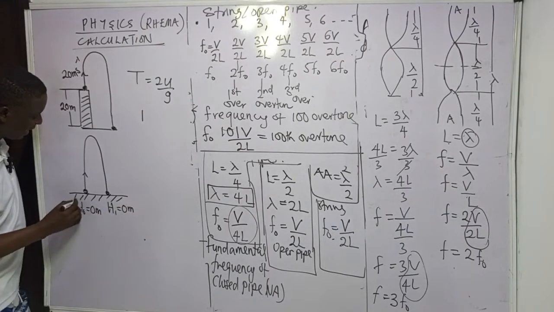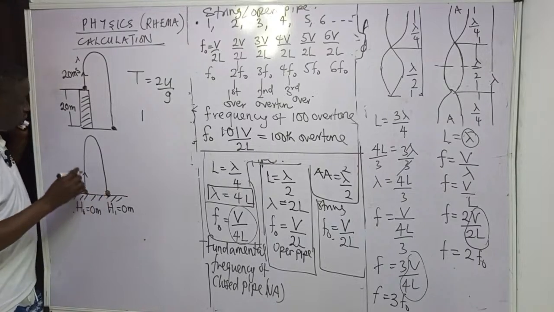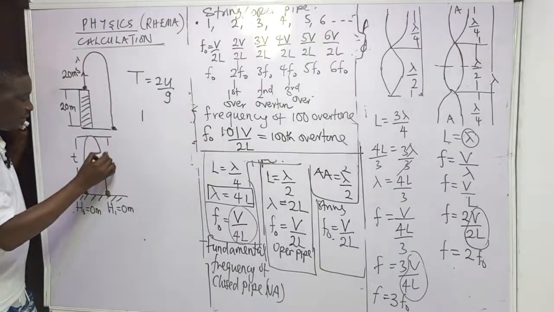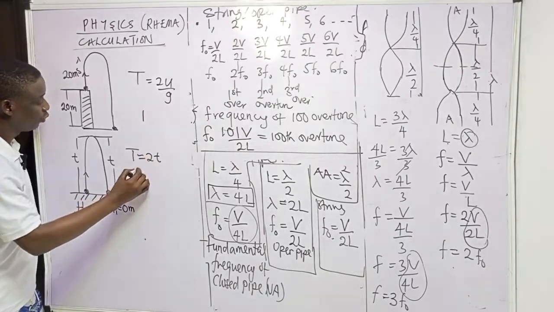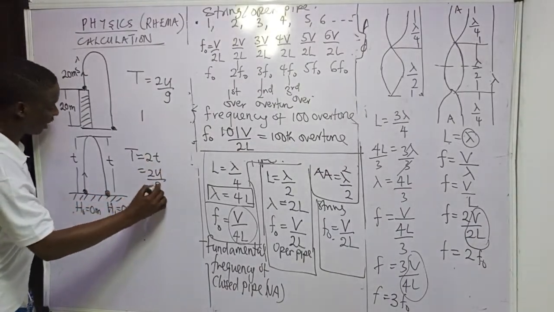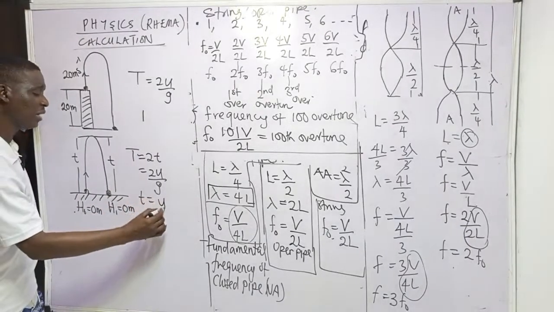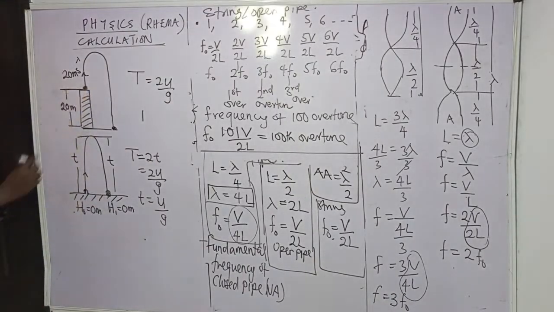The level of projection is the same, so the time it takes to go up is the same time it takes to come down. So the time of flight is equal to 2t, which is 2u over g, because t is the time to reach maximum height, which is u over g.